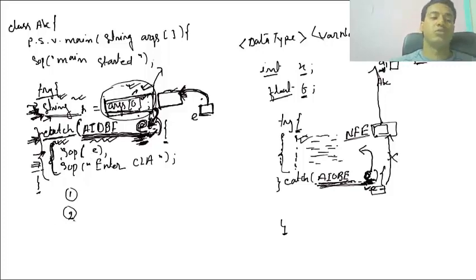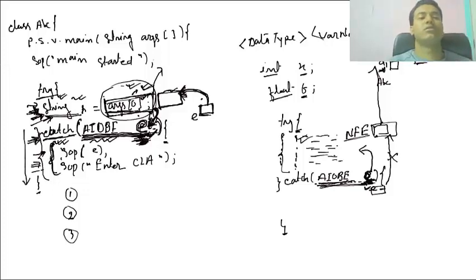Point number 3 you have to remember is, if the try block is giving an exception and it is not handled by the catch block because the type is different, then the exception object moves to the caller function, and the catch block also is not executing, and all the remaining statements are not going to be executed.